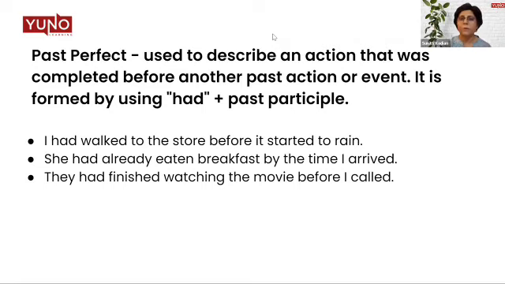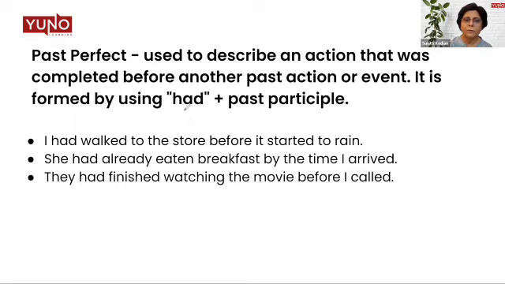IELTS students, if you are an IELTS academic student, you get those charts. Suppose two things are shown over there, one of 1950, another of 1990. So by 1990, something had changed, right? Something had happened, something had moved by a certain time, before a certain time. So let's see now how we have it.